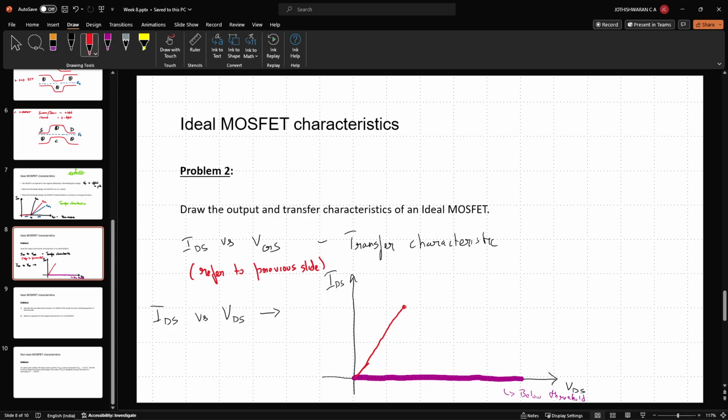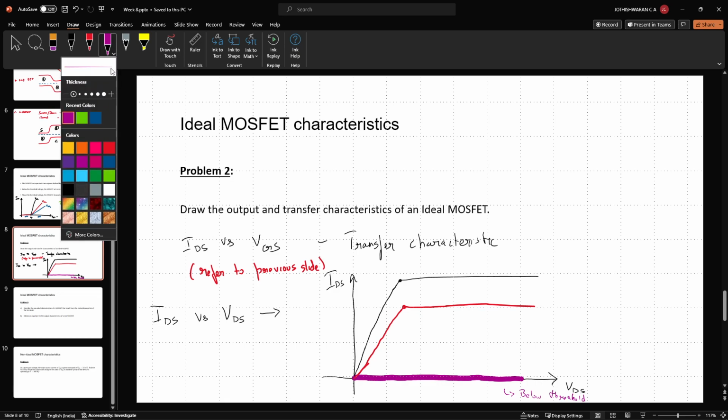So we will expect this current to saturate at a particular value, and we would also ideally expect this saturation to occur at the same voltage. So it reaches this point and it saturates.